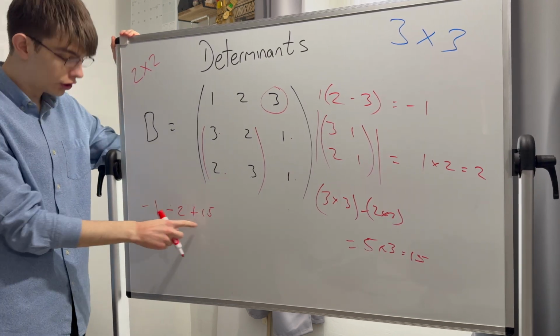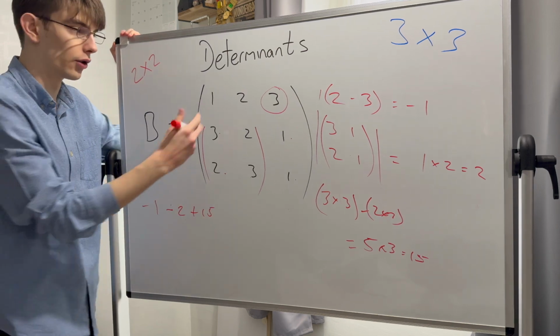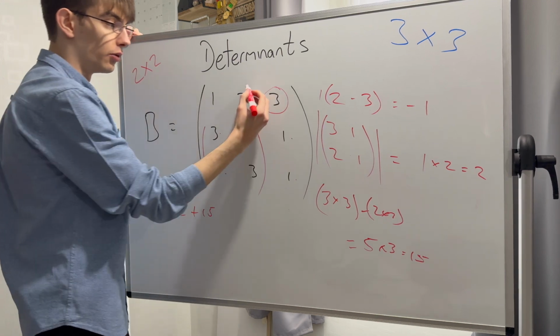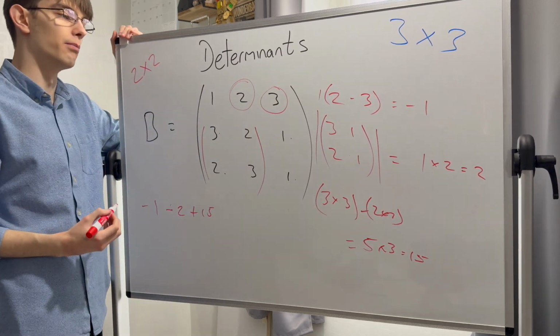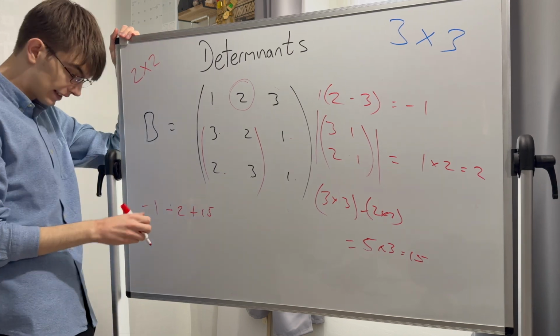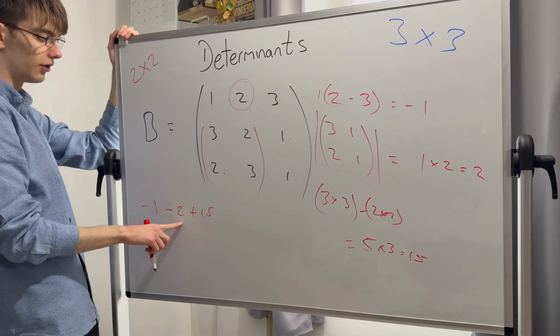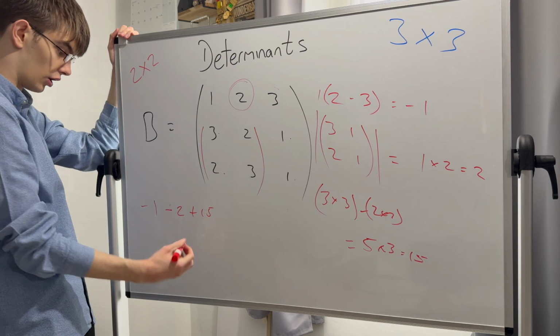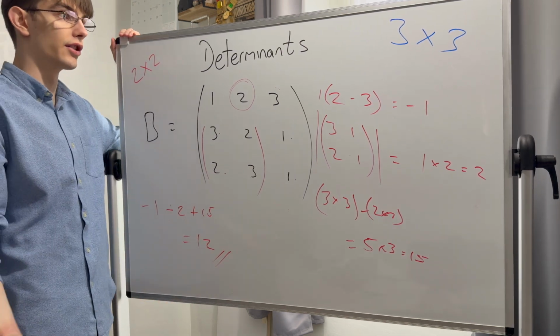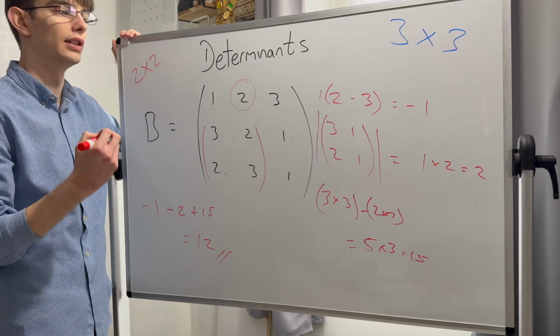So we add the other 2 and take away the weird one. The official thing is you take away the determinant made from the middle value of the top row. So in this case, I'll have minus 1, minus 2, plus 15, which is 12. And that is how to find the determinant of a 3 by 3 matrix.